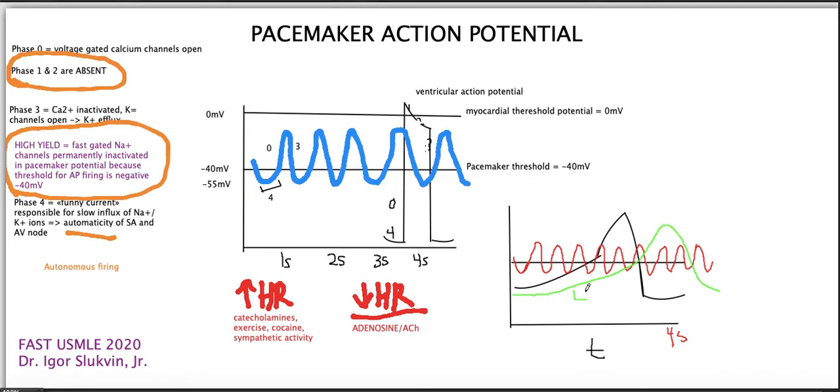Look at this decreased slope 4 compared to how steep this slope 4 is. And basically here, you can tell you got one heartbeat in about 4 seconds. That's pretty bad.